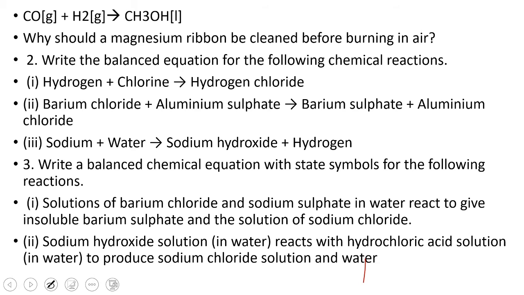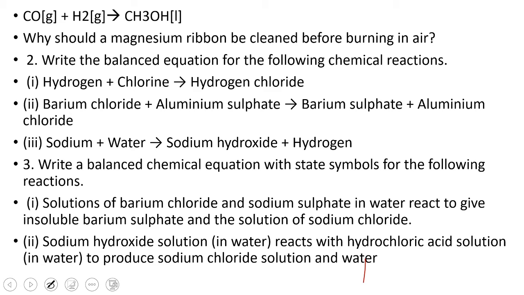Next one. So here if you observe, carbon monoxide reacts with hydrogen to give rise to methyl alcohol, CH3OH. CH3OH is methyl alcohol. So, carbon monoxide reacts with hydrogen to give rise to methyl alcohol.